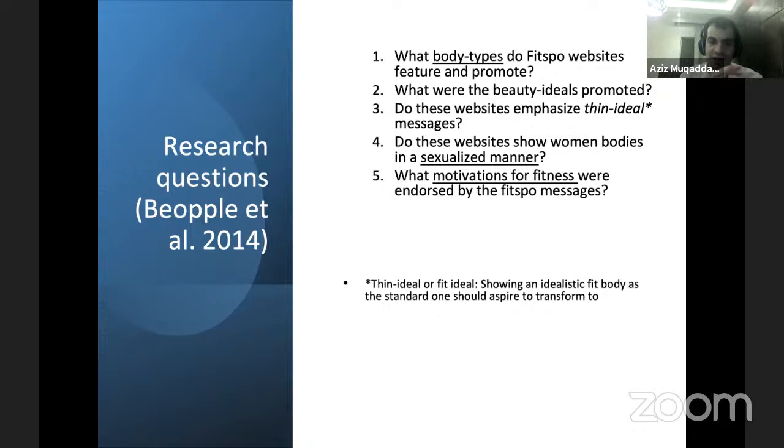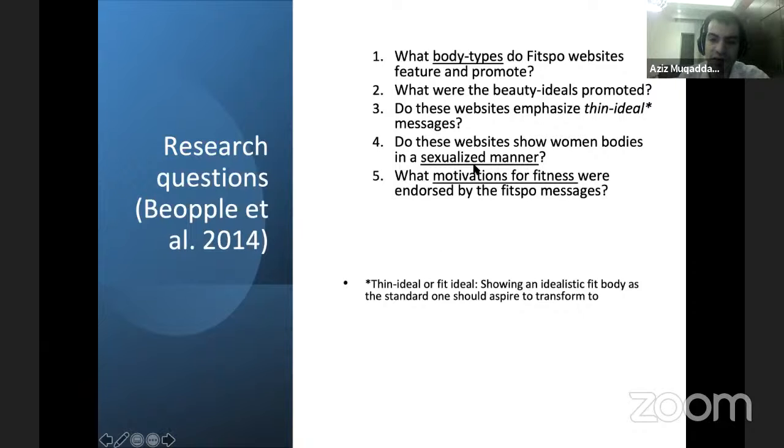The messages are textual messages accompanying the visual representation. And thin ideal or fit ideal is the message that shows you an idealistic fit body and tells you that this is the thing you should imitate or aspire to be. So those are called thin ideal or fit ideal messages.